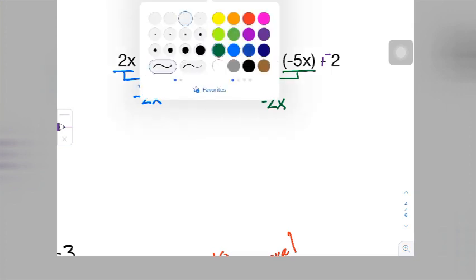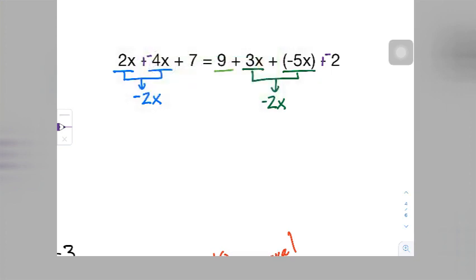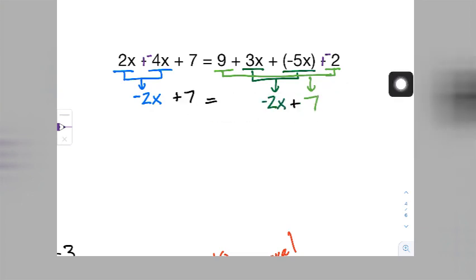And then I can also combine 9 plus negative 2. 9 plus negative 2 is just like saying 9 minus 2, which is 7. There's no other like terms to combine, so I'm going to rewrite this: negative 2x plus 7 equals negative 2x plus 7.